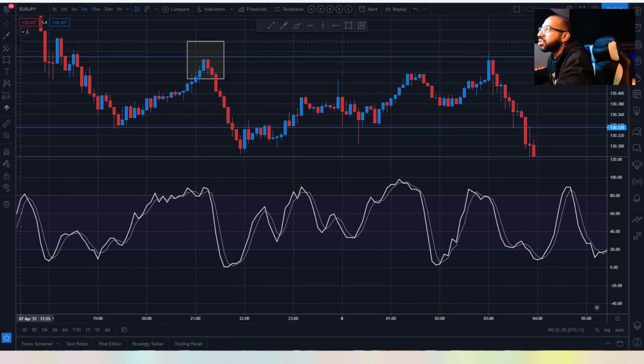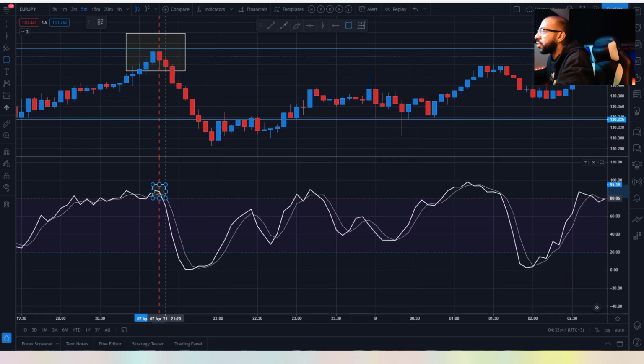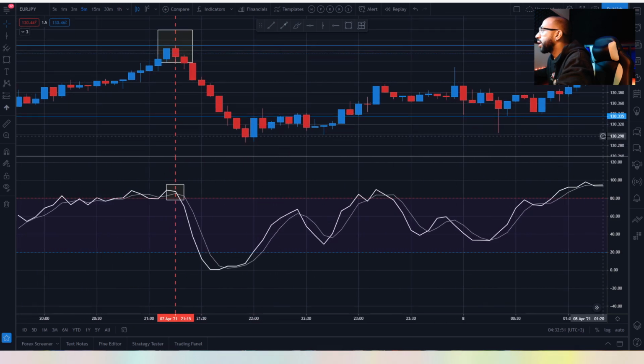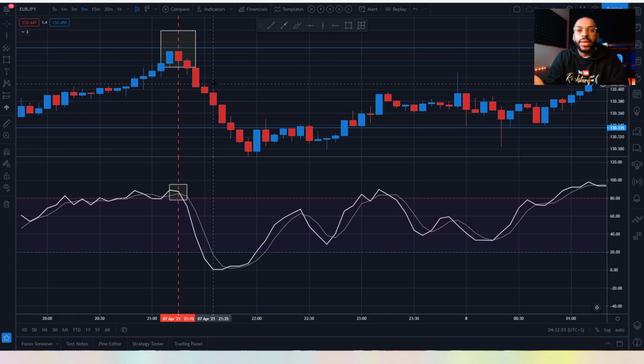Now, if we're looking at our stochastic, and I put a vertical line right where the stochastic crossed, you guys see this? Stochastic crossed right here. Right there, we have that nice reversal candle. And for my binary options traders, you only need about one candlestick to be correct.